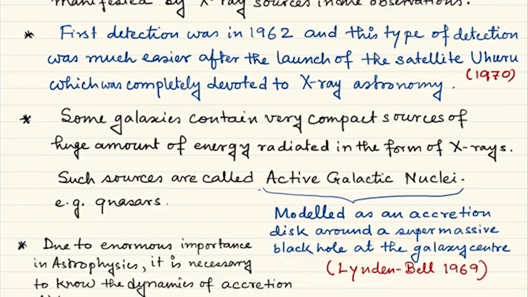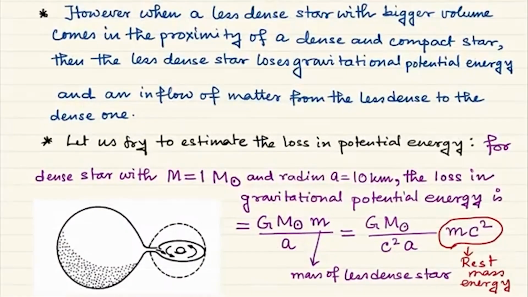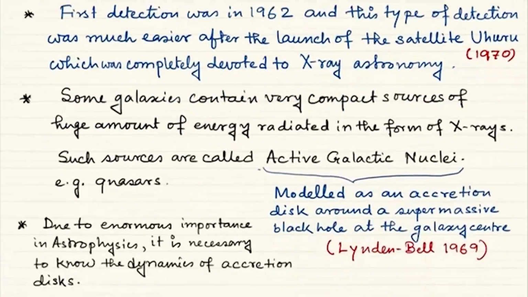That means this type of active galactic nucleus can be modeled when the compact star is nothing but a black hole itself, situated at the center of the galaxy. That is the famous Lynden-Bell model of 1969. If you are interested, you can see the original work.